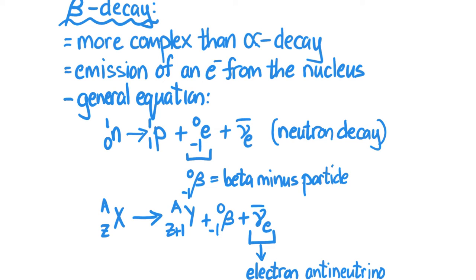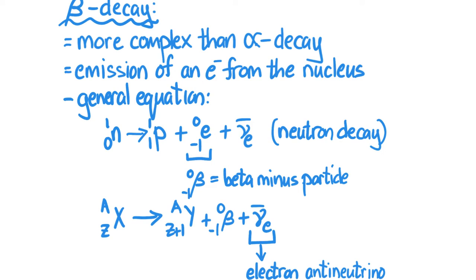If one views the atomic number as the number of protons in the nucleus, then we see that on the left-hand side we have Z protons. On the right-hand side, the daughter nucleus now has 1 extra proton, so that's Z + 1, which means on the periodic table, the element is going to shift from left to right. So it'll be the next element on the periodic table to the right in a particular row.